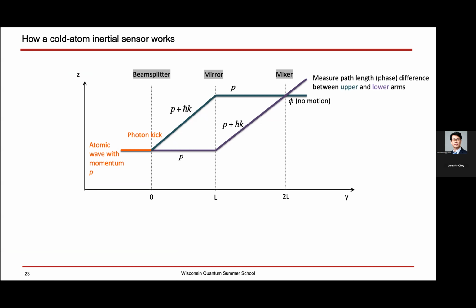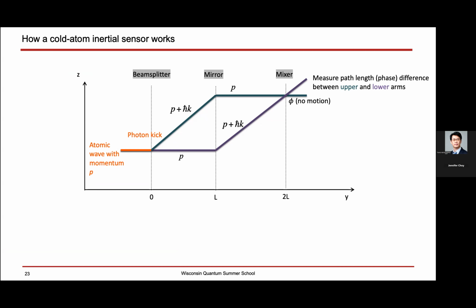And now let's say that we have a beam splitter. What a beam splitter does to a light wave, right, is it splits the light wave into two possible paths. A beam splitter for an atom wave will do the same thing. So on this plot, both axes are spatial dimensions.